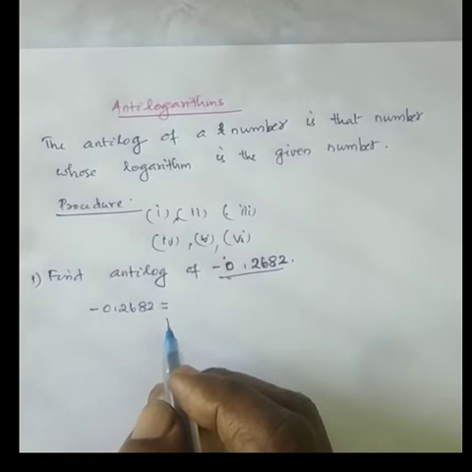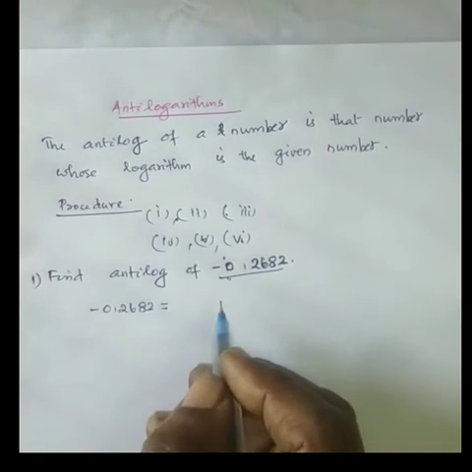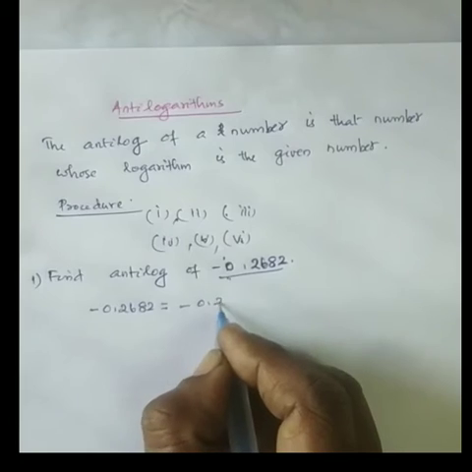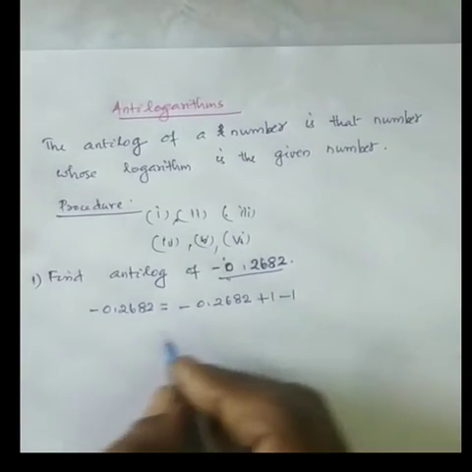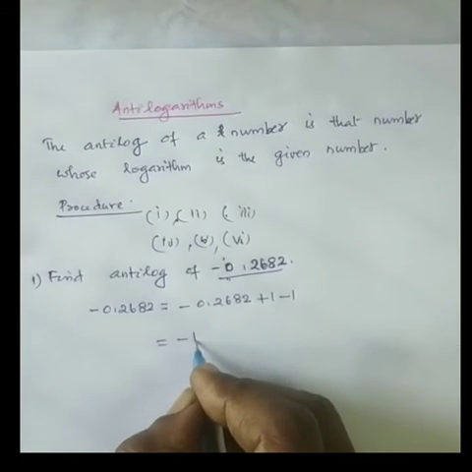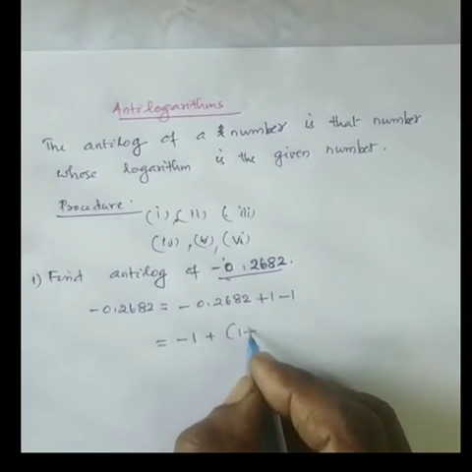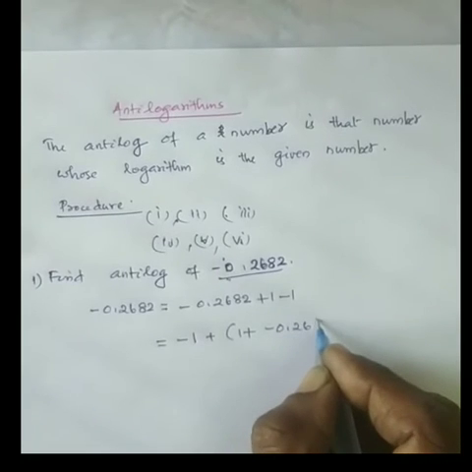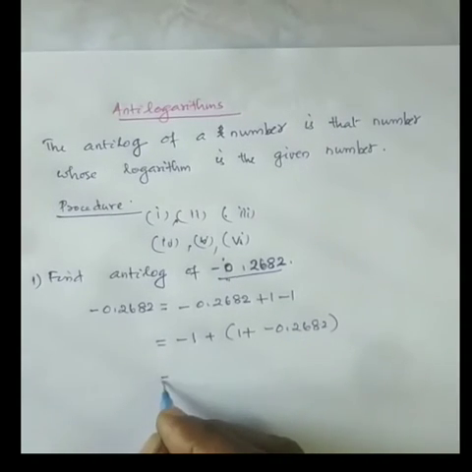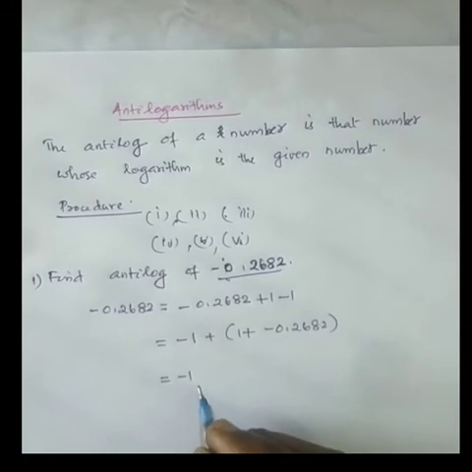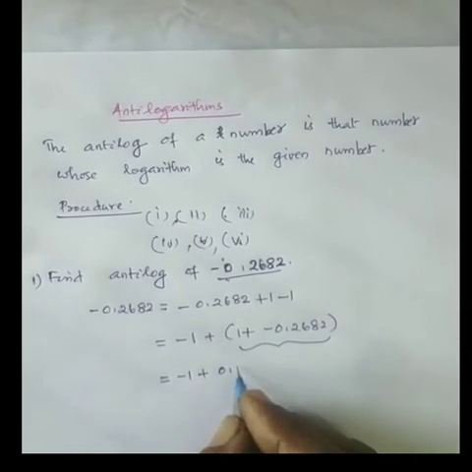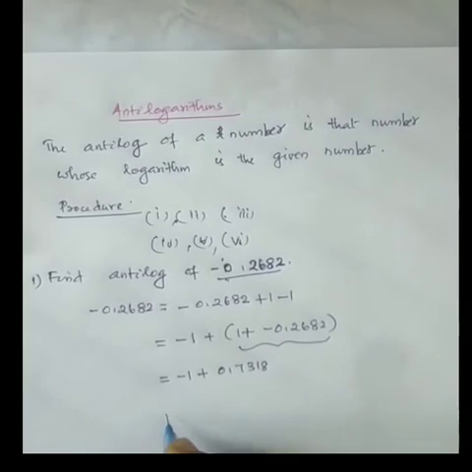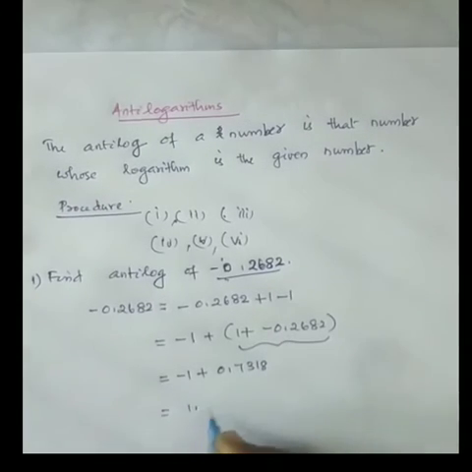This is done by adding and subtracting 1 from this number: -0.2682 plus 1 minus 1 is equal to -1 plus 1 minus 0.2682. Therefore, it is equal to -1 plus 0.7318, which is equal to 1 bar point 7318.